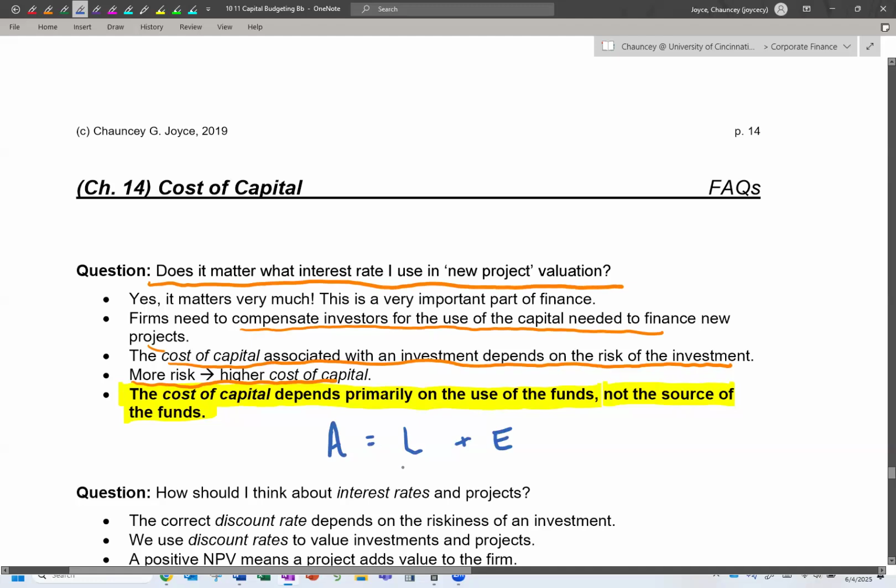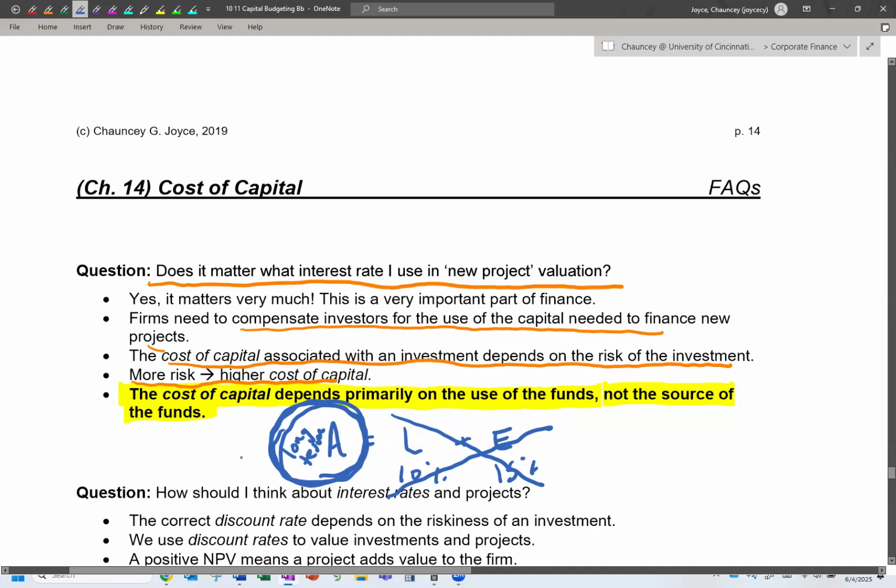Maybe your yield to maturity on your debt is 10%, your required return on your equity is 15%, but we're not using those. That's the source of funds. We're focused on what long-term assets we are going to invest in, what capital that is, and how risky these projects and these cash flows are.